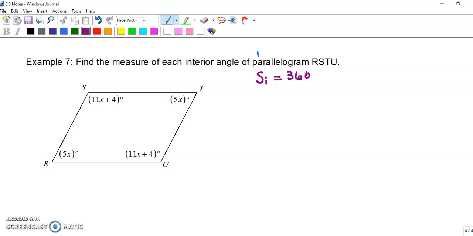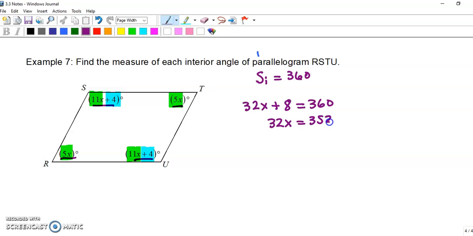So I need to add all of this up. 11x plus 5x plus 5x plus 11x is 32x, plus 4 and plus 4, so plus 8, has to equal 360. When I subtract 8 from both sides, I have 352. I divide by 32, and I get x equals 11.